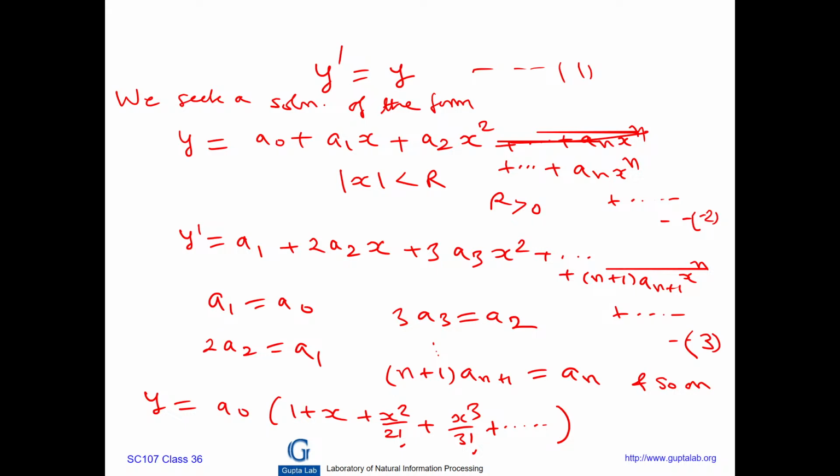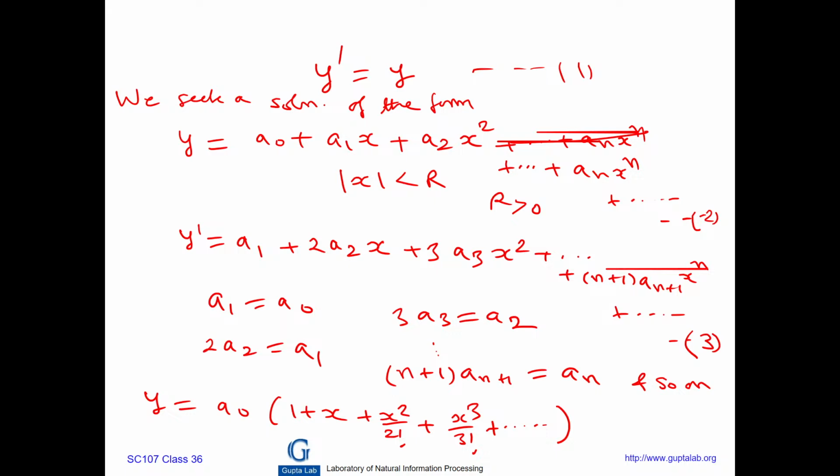The first coefficient is a0. What was the second? a1 was a0. This is a1, which is a0, and this is a2, which is a0 by factorial 2. So a0 we have taken common in all, and we have got this expression.